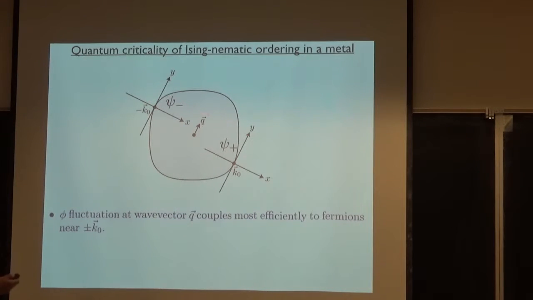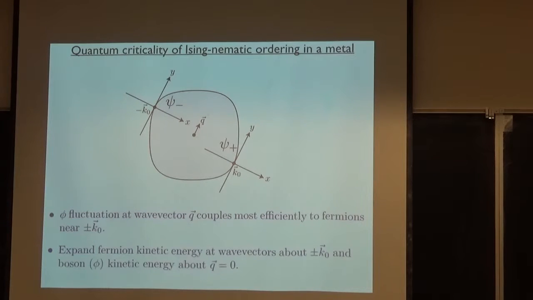You take your fermions and expand them about this point. So you take your fermion kinetic energy about this point and about that point, and you expand it in x and y. So you're going to get something that looks like a hotspot but isn't really, because there's nothing special about that point. It just happens to be the point that's picked out when the order parameter has a fluctuation in this direction.